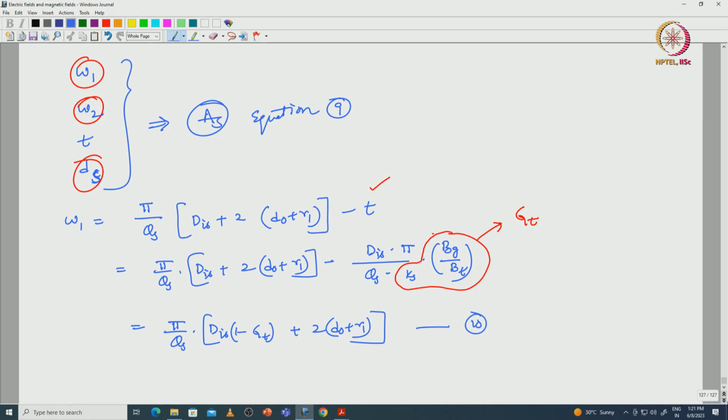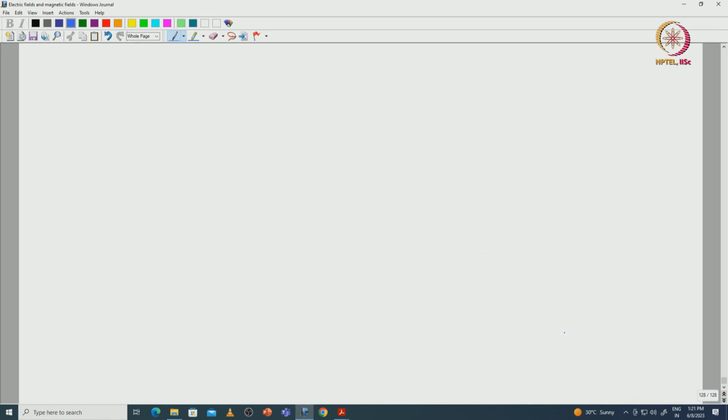Similarly, W2 we have to find in terms of d naught s and dis. W2 is equals to, from the equation number 5 and 8 and 7, then pi by Qs into d naught s minus 2 into dc plus r2 minus t. Equation number 5, 7 and 8.